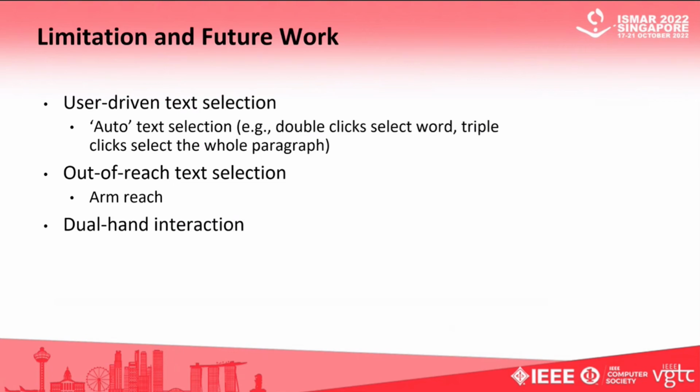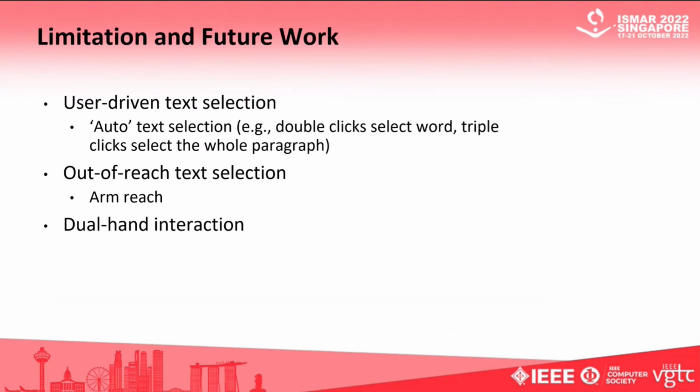For desktop, there are techniques called auto text selection. For instance, if the user double clicks on a word in desktop applications, it will select the word. If they click three times, then they select the whole paragraph. This is something we can explore in the future.